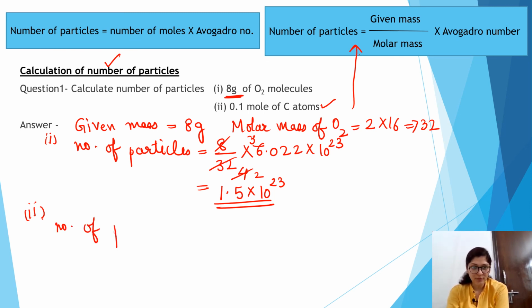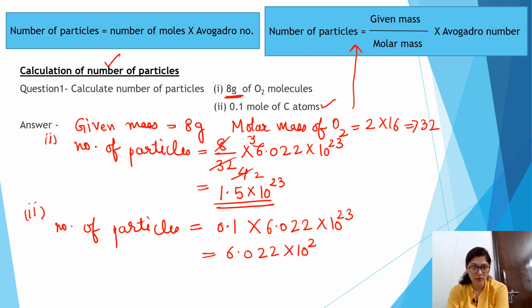So number of particles here you can calculate as number of mole, which is given 0.1, multiply by Avogadro number, 6.022 into 10 raised to power 23. So this comes out to be 6.022 into 10 raised to power 22. Simply we cut the 10 from it. So this is the answer how we can calculate the number of particles.